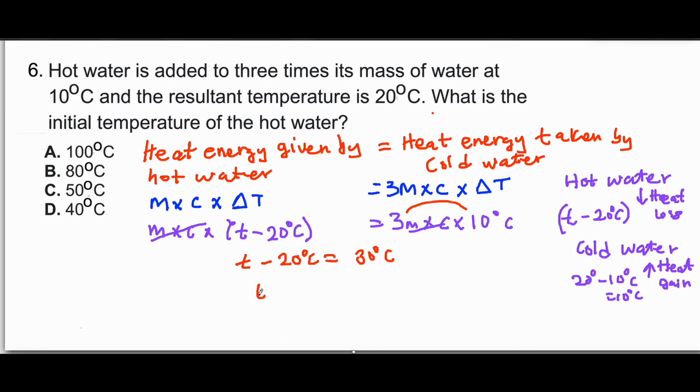So finally we're going to have the initial temperature equal to 30 degrees Celsius plus 20 degrees Celsius, and that gives us 50 degrees Celsius. So that is the temperature of the hot water before it was mixed together with the cold water. That is the initial temperature of the hot water. So answer option C is the right answer.